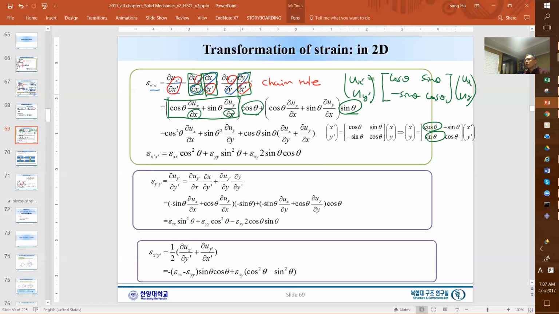We can do the same for these terms. Well, it looks a little complicated, but it's very much consistent. And this is this term. And we use x prime with respect to y.